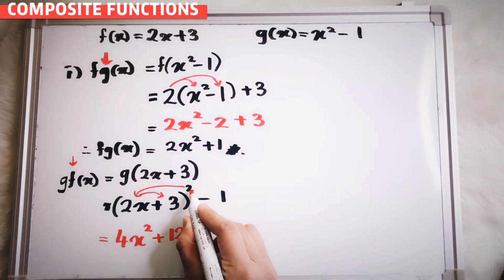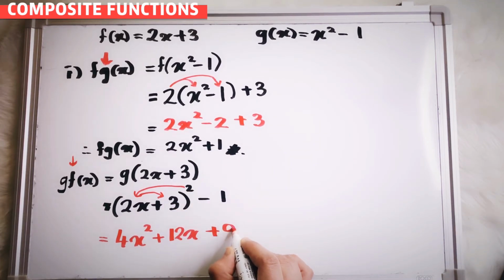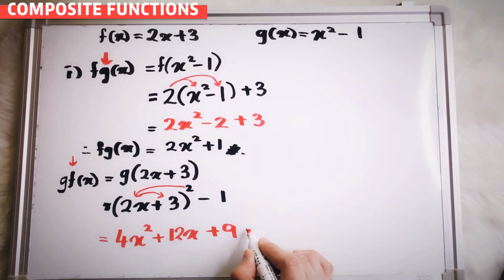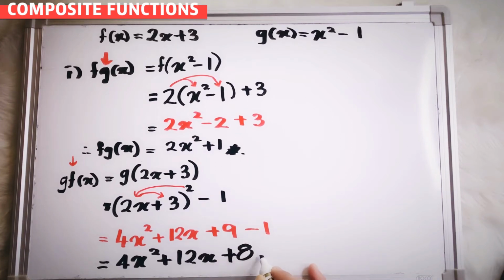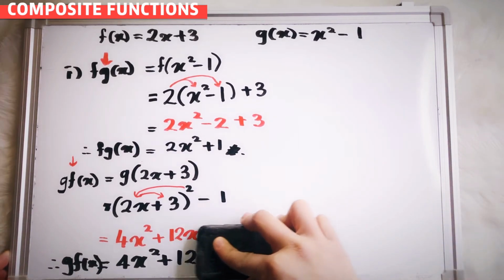Now 3 to the power of 2 equals 9, minus 1. So we got 4x squared plus 12x plus 9 minus 1, which is 8. So this is our g(f(x)). Do you understand?